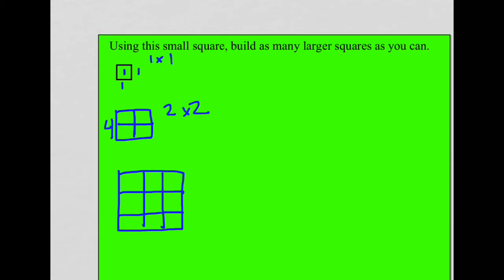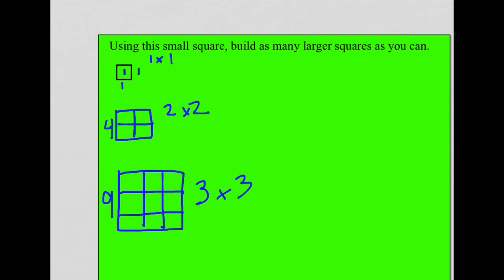But you have to imagine these guys here are all those little mini squares I started out with. This time, we have a square that has 1, 2, 3, 4, 5, 6, 7, 8, 9, an area of 9, and we would call it a 3 by 3 square because it has 3 squares down each side, right?